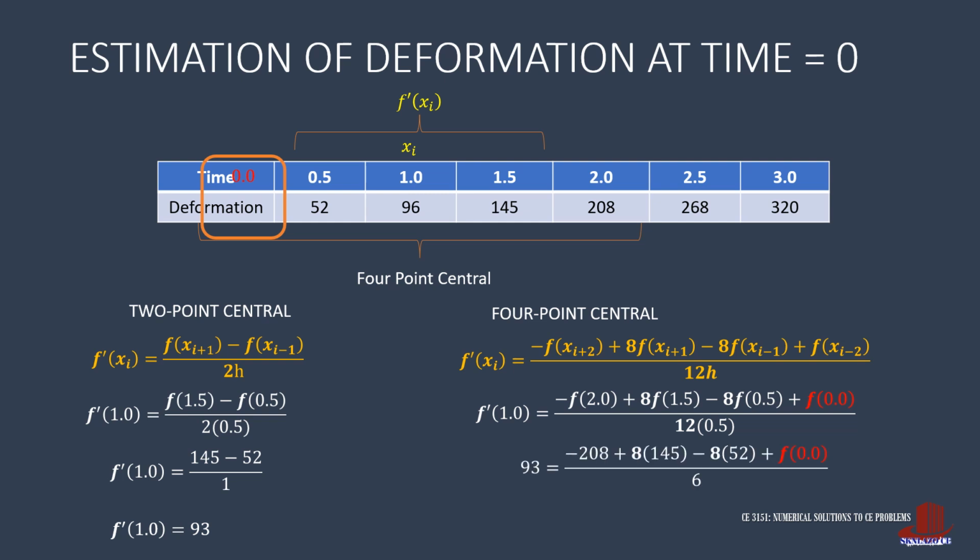Place the values from the dataset, having 93 as equal to a sixth of negative 208 plus 8 times of 145 minus 8 times of 52 plus f of 0. We then get the deformation at time equal to 0 as 22.